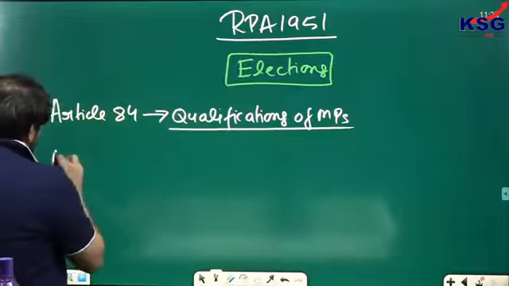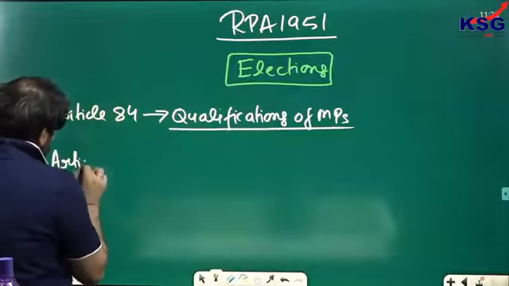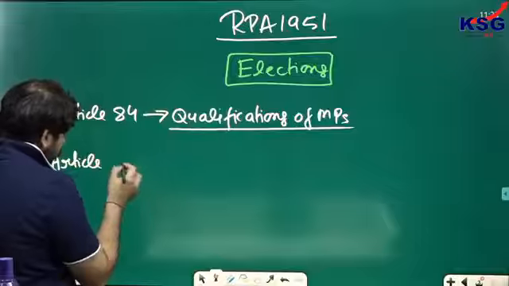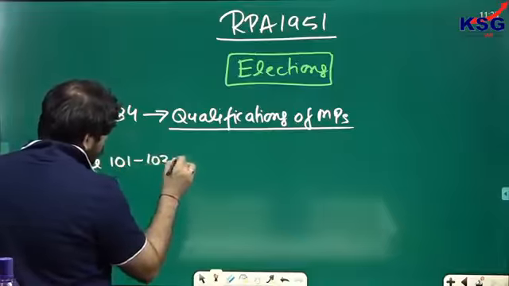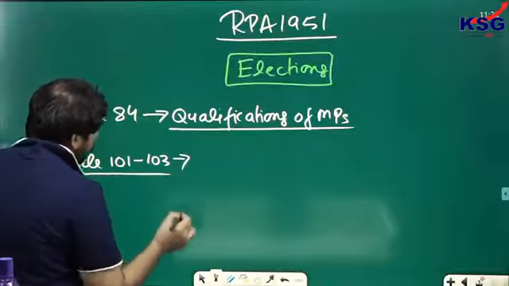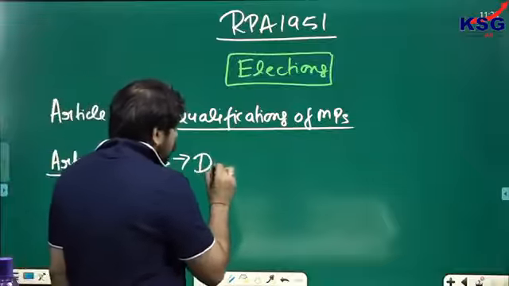Okay. Then we have Article 101 to 103. These are the articles of the Constitution which talk about disqualification.